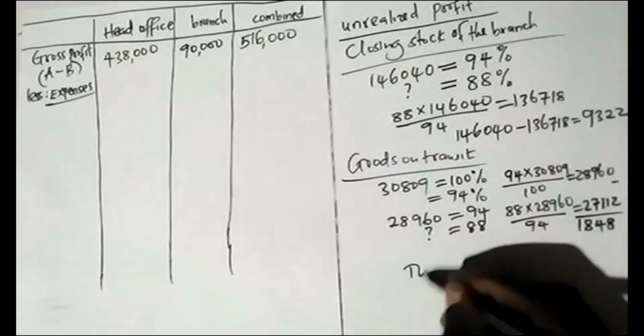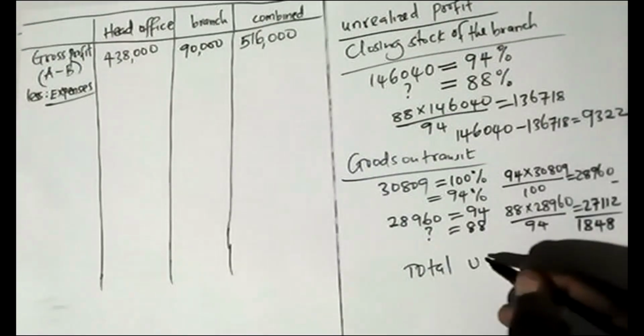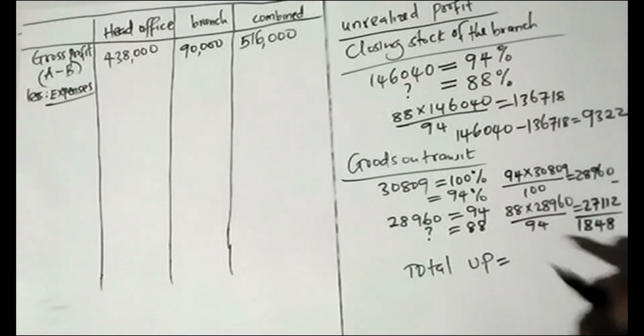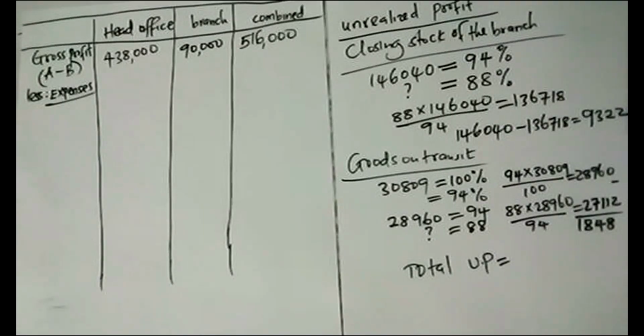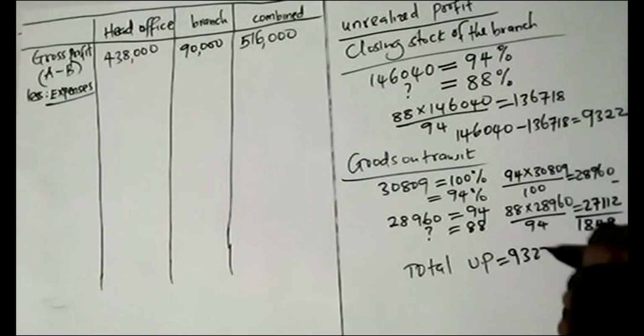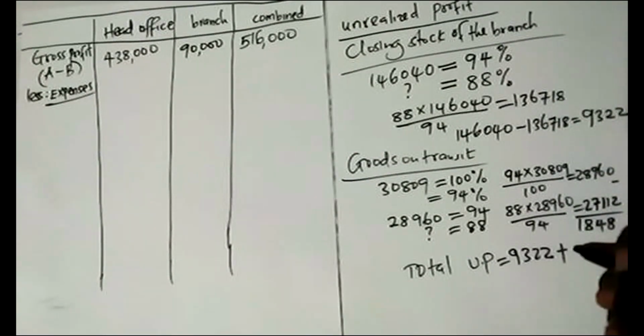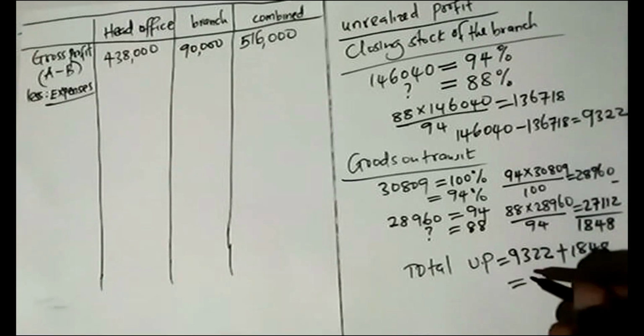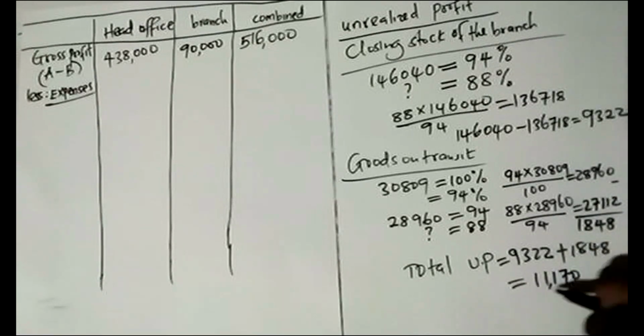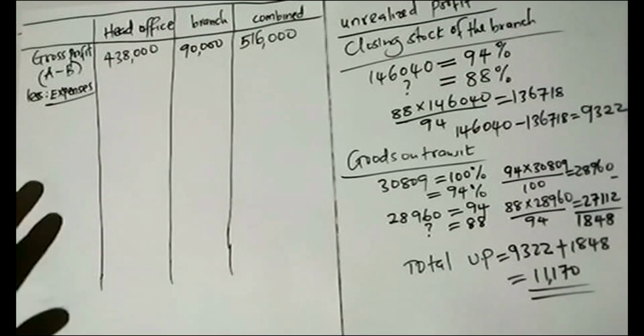So the total unrealized profit, UP in short, I will take the 9,322, the one on closing stock, plus the one on goods in transit, so that I get 11,170.